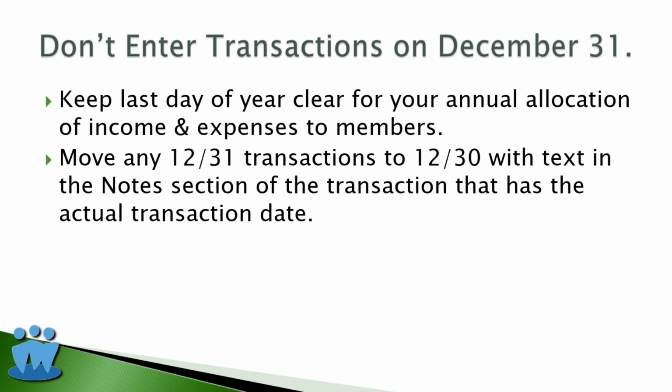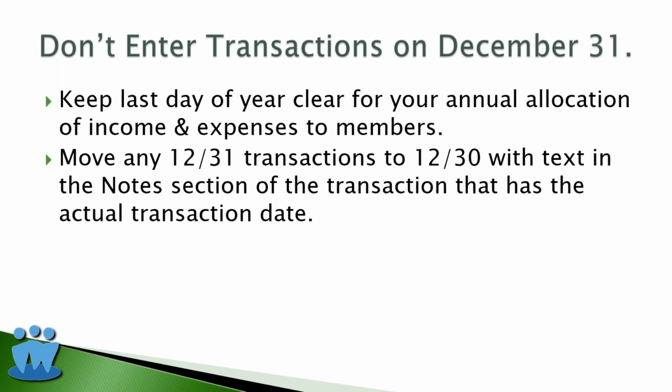One of the things that we recommend is not to enter transactions on December 31st. We like to have that last day of the year clear for the annual allocation of income and expenses transaction, where the program will allocate to every member their share of gains and losses throughout the year.